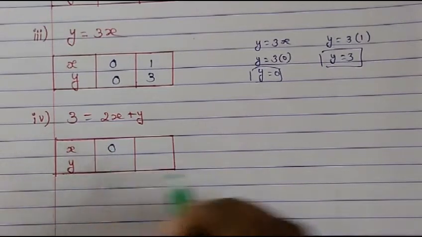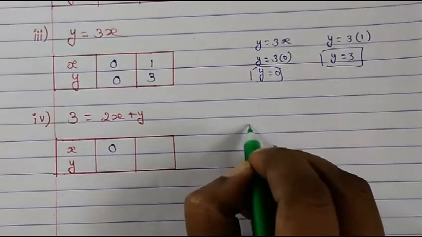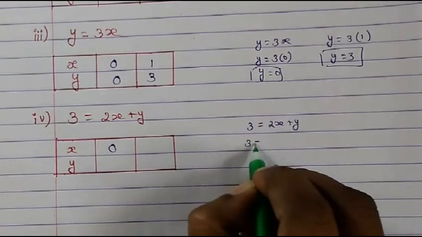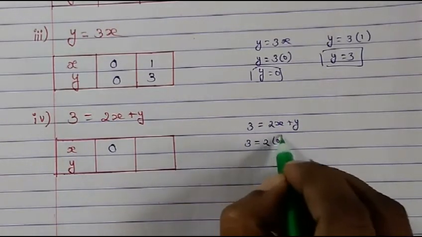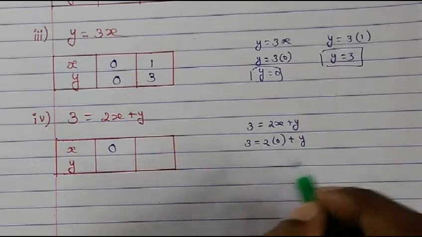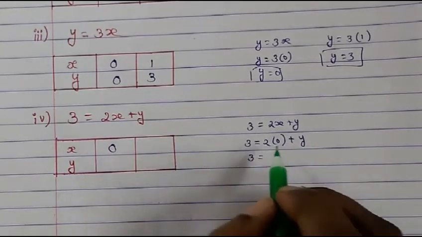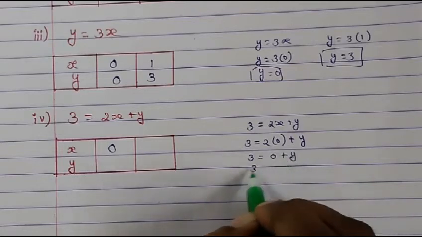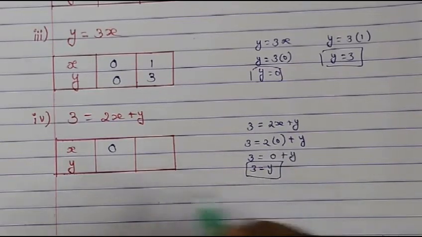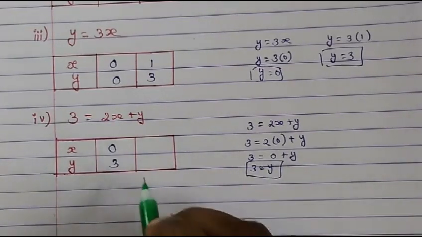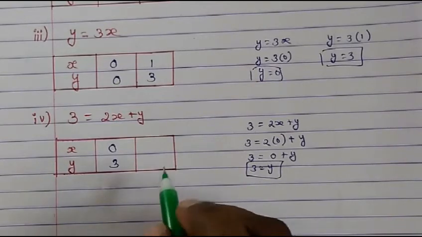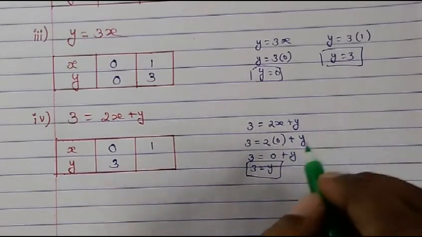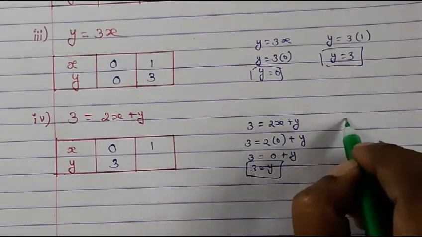If I take it as 0, then my equation is 3 equal to 2x plus y. 3 equal to 2 into 0, which becomes 0, plus y. So my y value is 3. Now next I will take x as 1. You should always take the smallest number, so the calculation becomes easy for us.